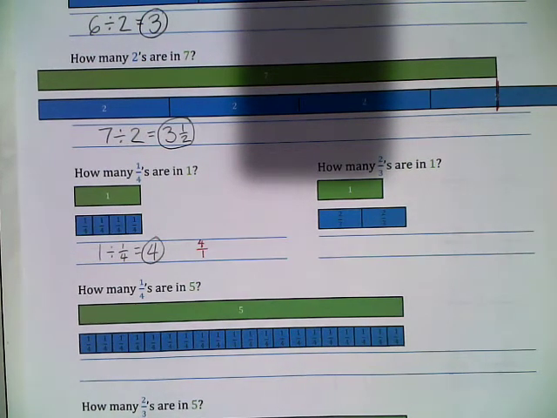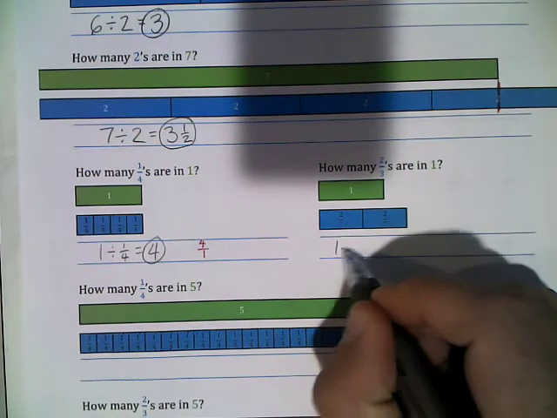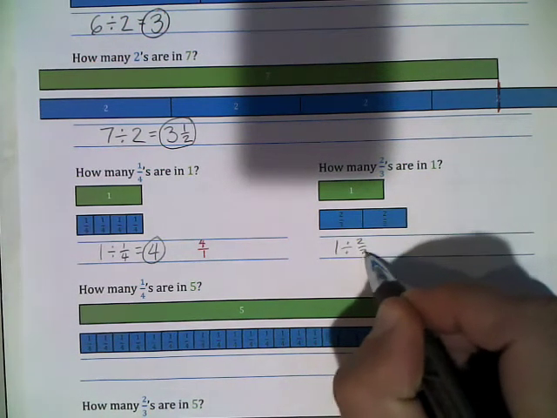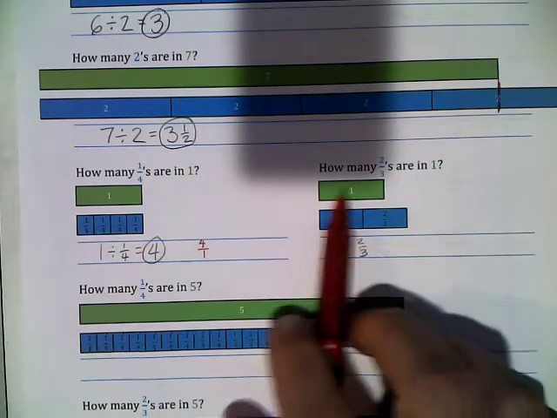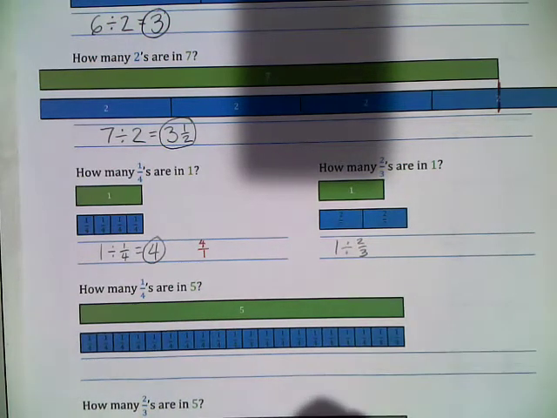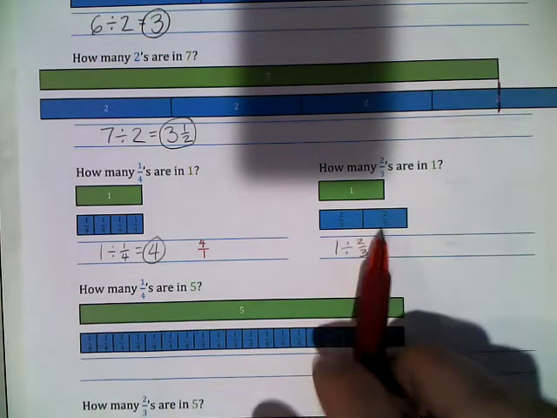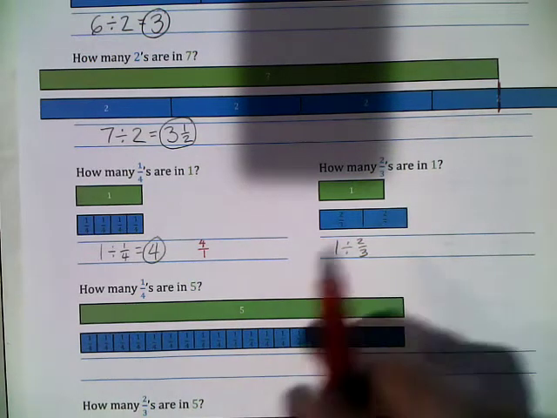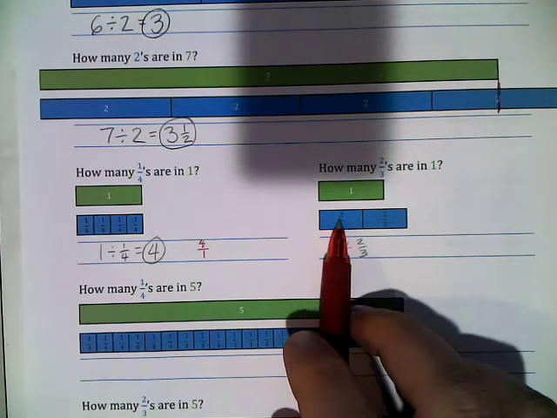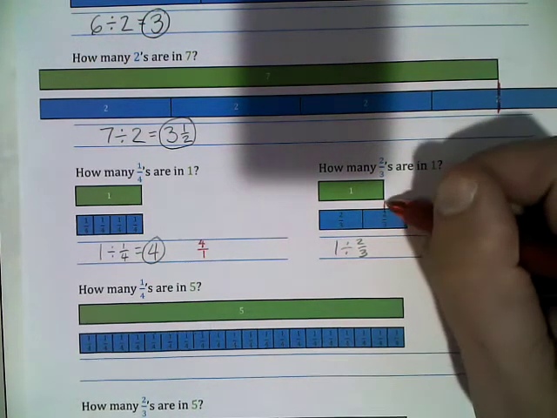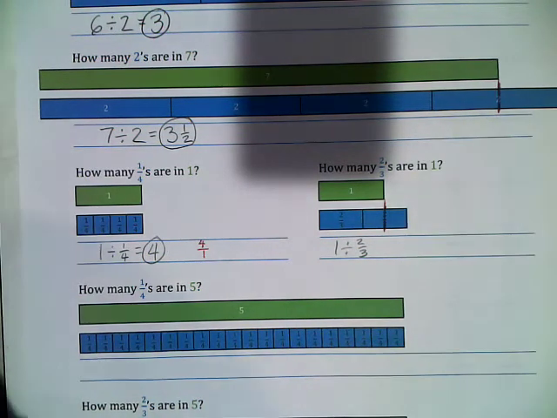Now, over here, how many 2/3 are in 1? So 1 divided by 2/3. My green box is about 1 inch long. Each of these blue boxes is about 2/3 of an inch long. We see we've got a 2/3, but then only half of that 2/3.